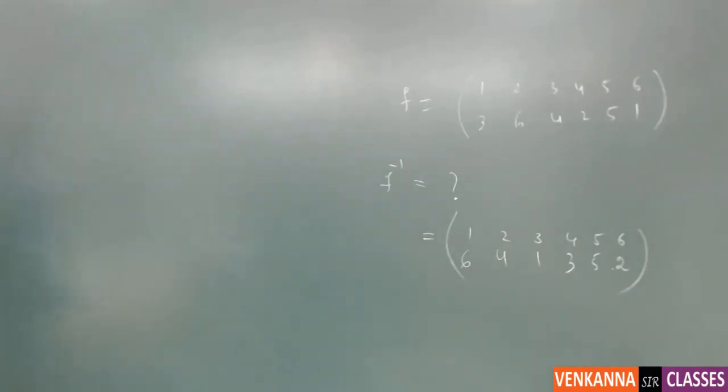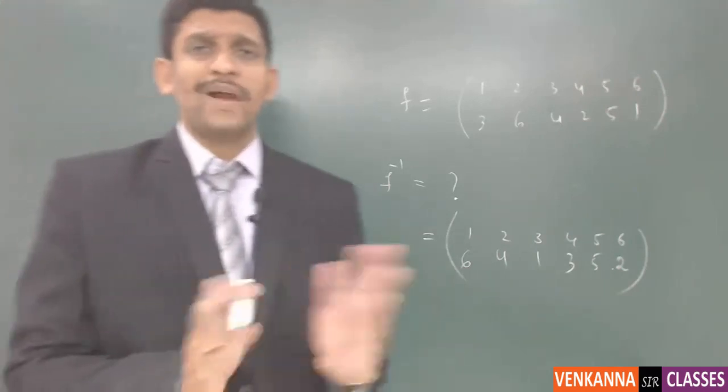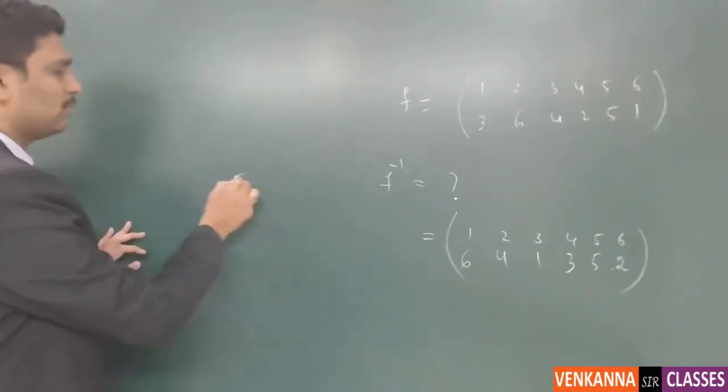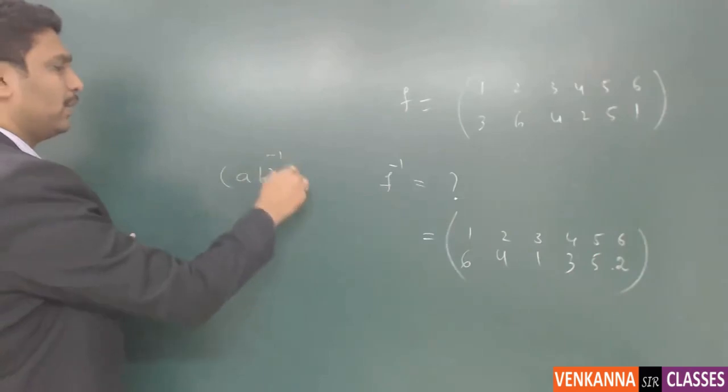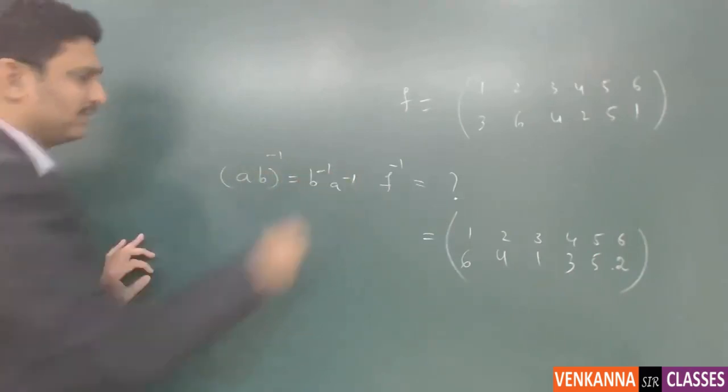How is this written? Is everyone clear with this? How we are calculating f inverse? Right. As we know, while dealing with the elements in a group, (AB) whole inverse is equal to B inverse A inverse.